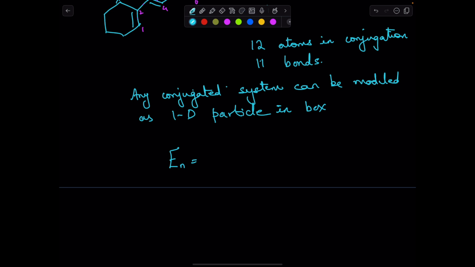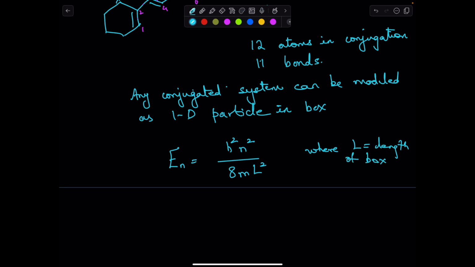For a one-dimensional particle in a box, energy is given by E equals h squared n squared by 8 m L squared, where L is the length of the box, m is the mass, n is the energy level, and h is Planck's constant.